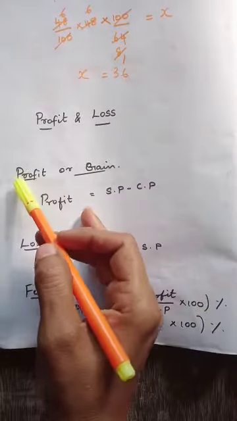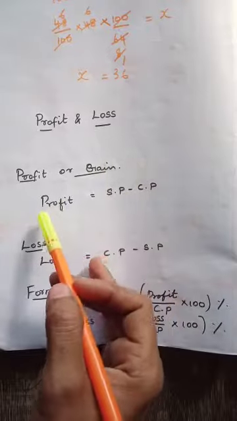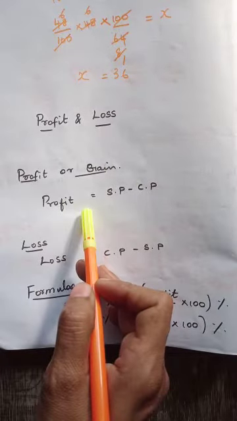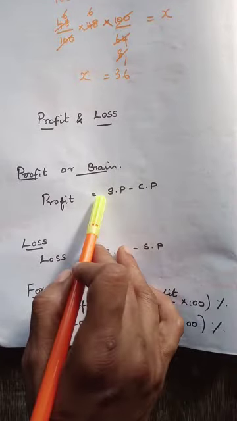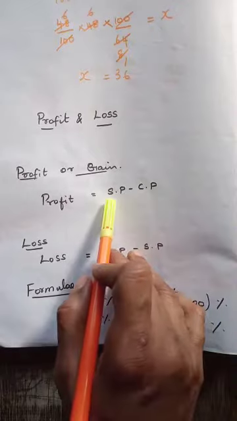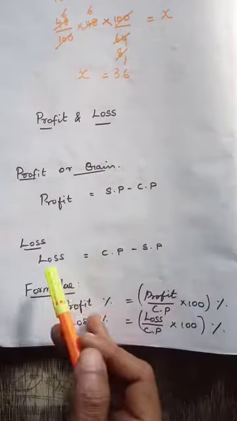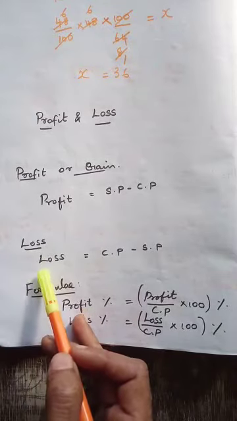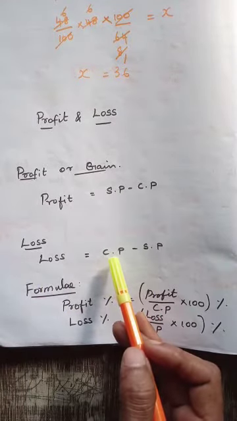And first, profit or gain, both are same, isn't it? So profit is equal to, when selling price is greater, there is profit. So SP minus CP. SP means selling price, CP means cost price. Okay. Then loss. Loss means the CP will be higher.